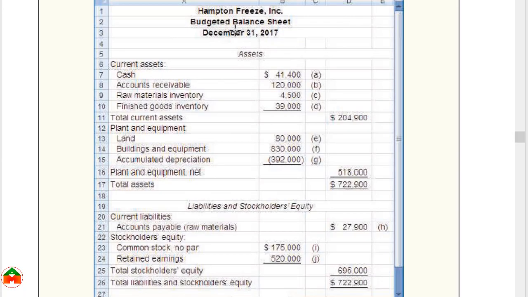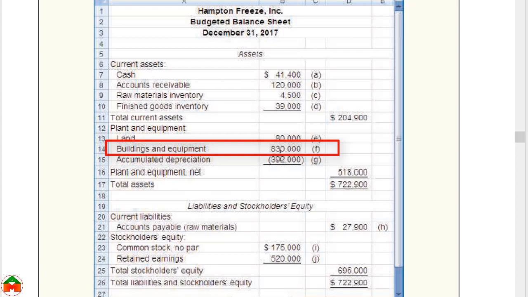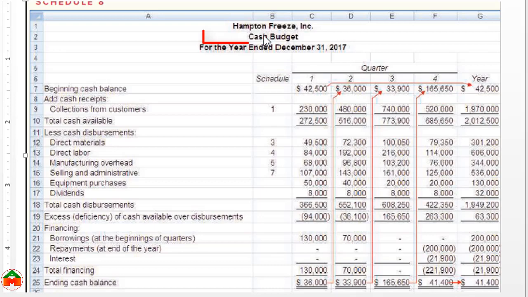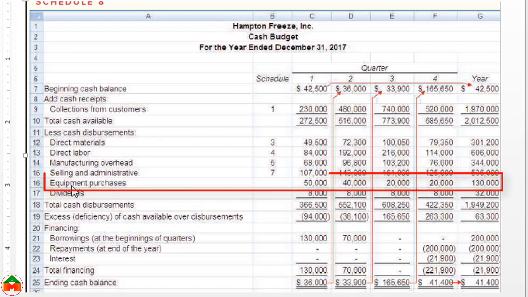So this is the budgeted balance sheet. We can see the land amount would be 80,000. Then we can see buildings and equipment. Here we can see the closing balance is 830,000. This amount would be taken from the beginning balance sheet, as well as if there is any purchase, then those purchases would be added with this building and equipment. We can see from the beginning balance sheet, our opening balance of building and equipment is 700,000, and from the cash budget we can see there is an equipment purchase which is total 130,000.